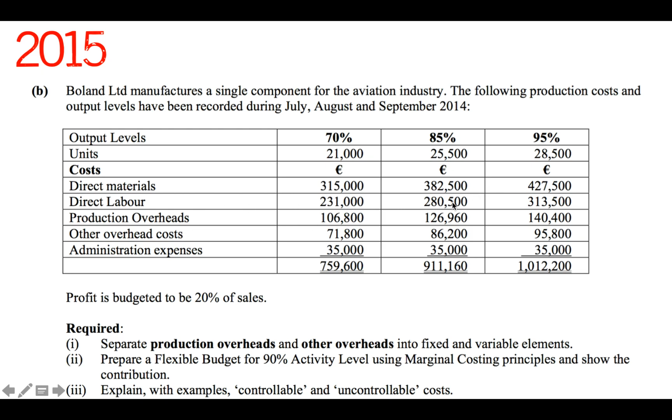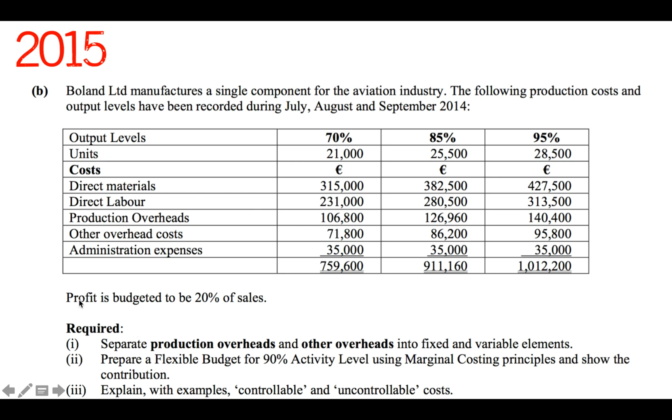Direct labour, you can see the figures there, production overheads, other overhead costs. Administration, you can see there, it's 35,000 across the board. It doesn't matter what the output is, so therefore this here, administration expenses, are fixed.